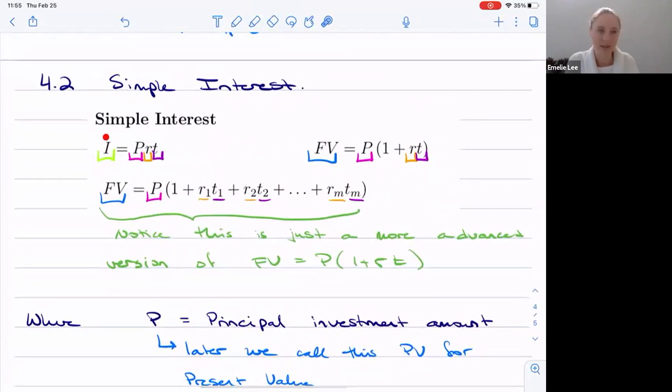And then the only other thing that's kind of new on here, we've kind of dodged this, I keep talking about it but then not actually saying anything about it. So I is the amount of interest. That's going to be the same as the future value minus the principal investment. Whatever the difference is there is the amount of interest.